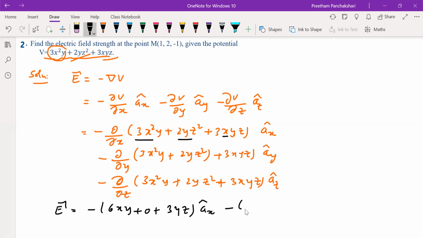Similarly, with respect to y: here is y, whose differentiation is 1, so we get 3x square. In the second term, plus 2z square.